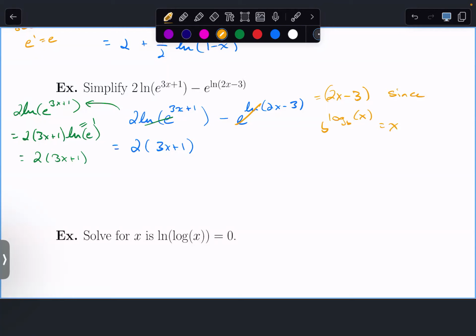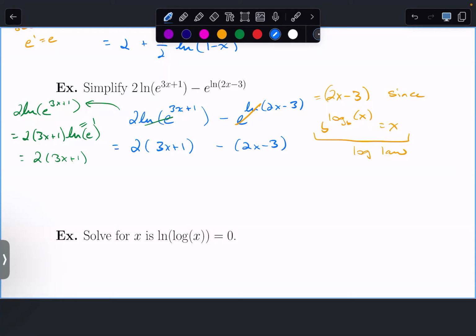So that's why it might be nice to have a formula sheet with you. That's why I brought some spares. This is a log law. And so we get minus 2x minus 3. Now all of a sudden I don't have any e's or logs or anything.